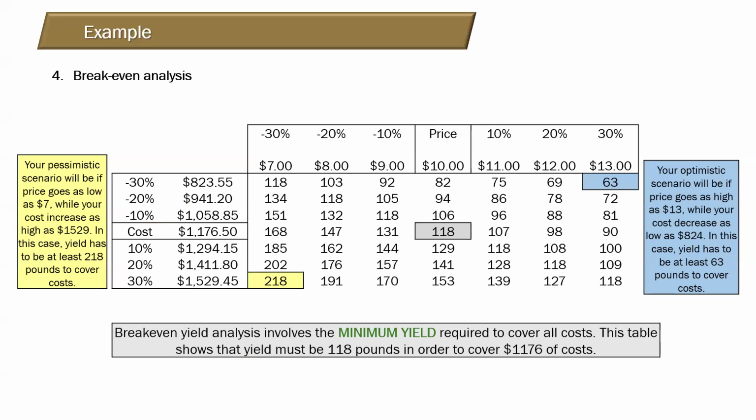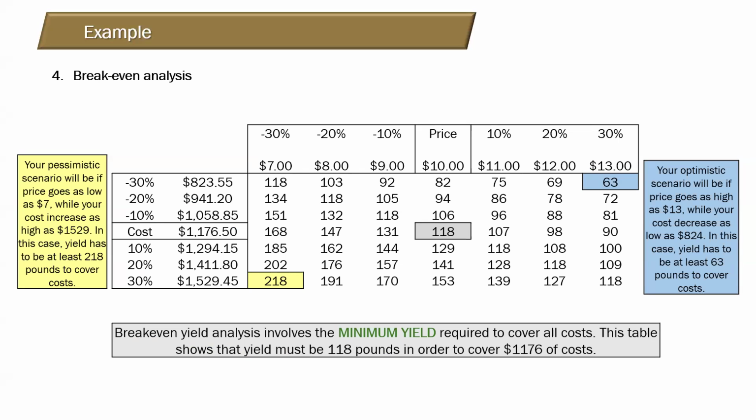The first one is the break-even analysis, which identifies the minimal yield required to avoid losses and the minimal price needed to cover the costs. For example, to cover around $1,100 in costs, the farmer needs to produce at least 118 pounds of spinach.